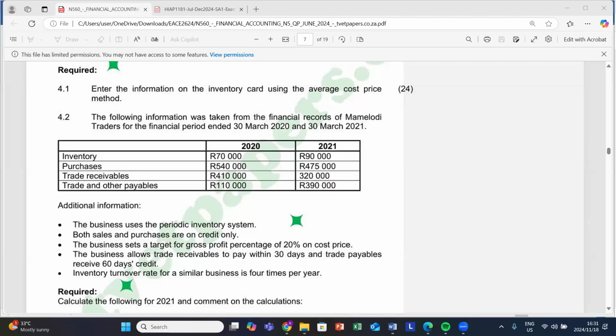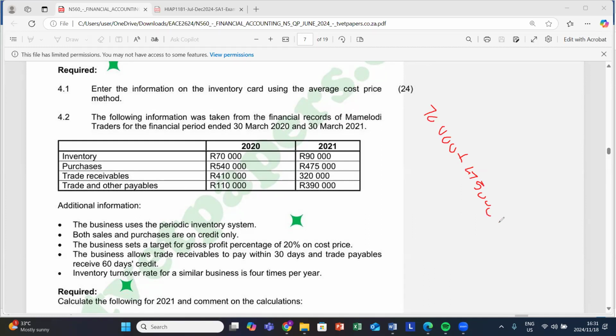We'll say opening stock. Our opening stock is 70,000 rand. Therefore, we'll say opening inventory 70,000 plus our purchases for the current financial year. Our purchases for the current financial year is 475,000. Do we have a carriage on purchase? In this situation, we do not have carriage on purchase and also do not have custom duties. Also, we do not have purchase returns.